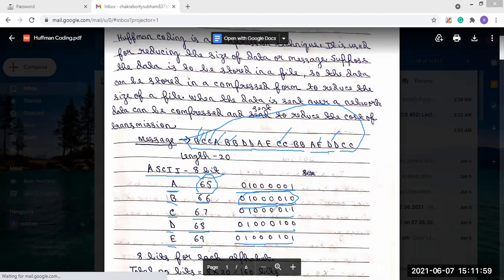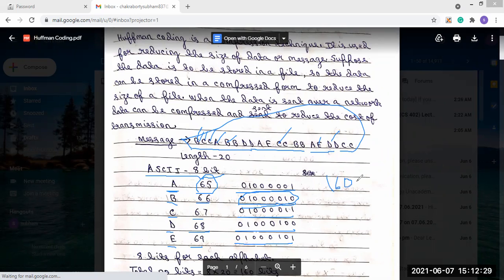So each character in this message has 8 bits. Our message length is 20 characters, and each character has 8 bits. So the total length of the message will be 20 into 8, because each character has 8 bits of data.